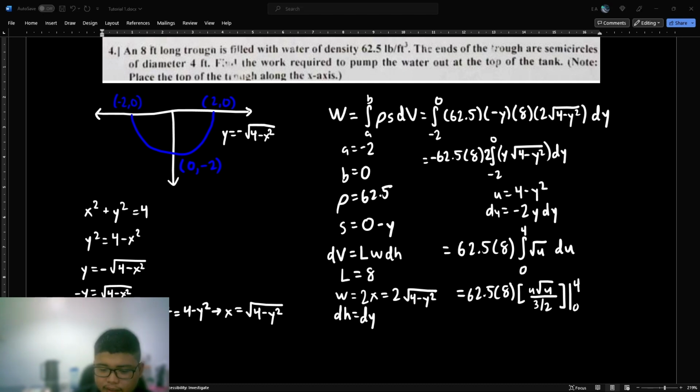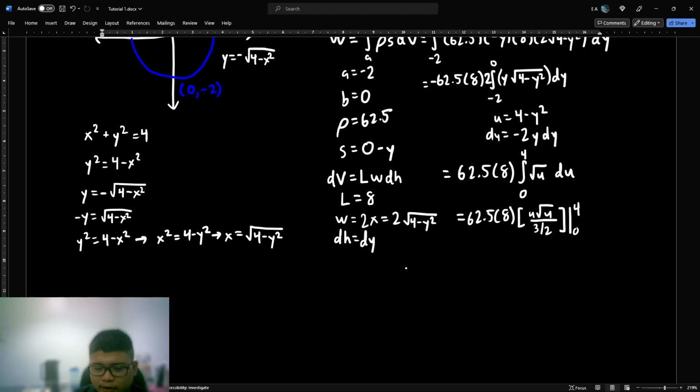Since 0 is the lower limit, we could just simply substitute 4 into the equation. So we have our work be equal to 62.5 times 8 times 2 thirds times 4 square root of 4.